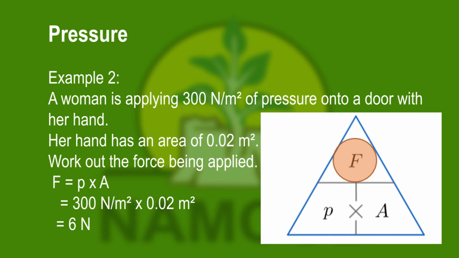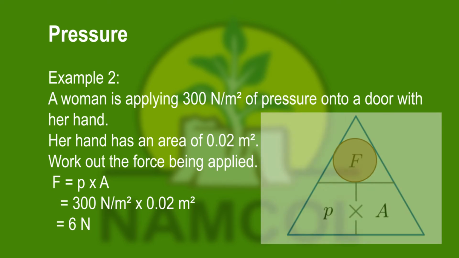So constructing the triangle and covering up the F, we must multiply the pressure by the area. So F is equal to P multiplied by A, and that is equal to 300 times 0.02, which is equal to 6 Newton.